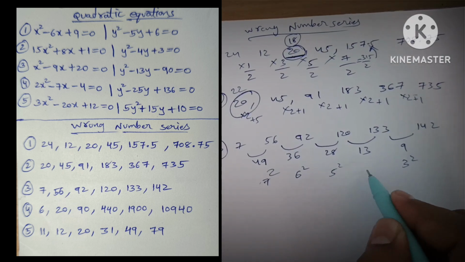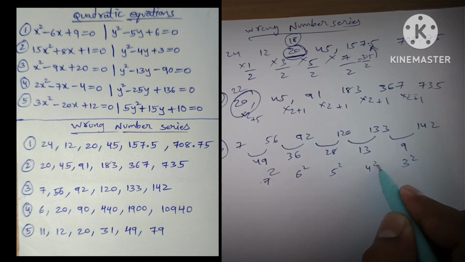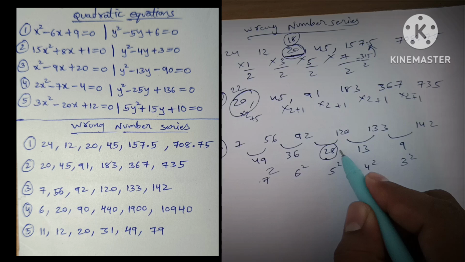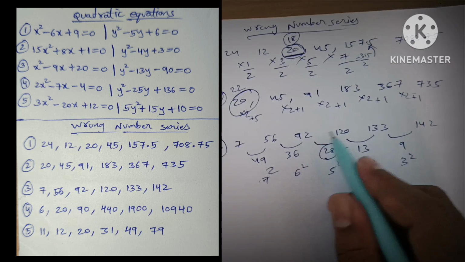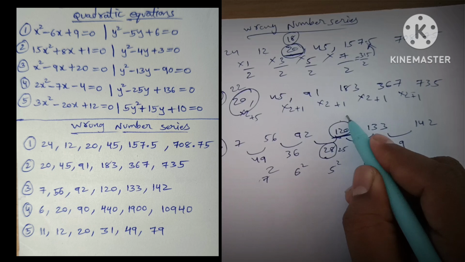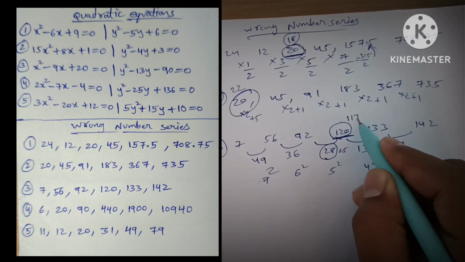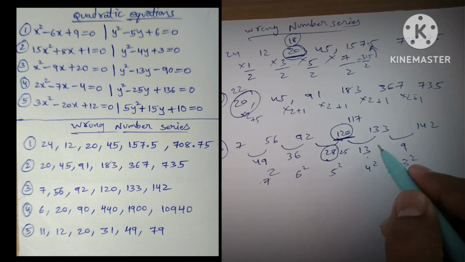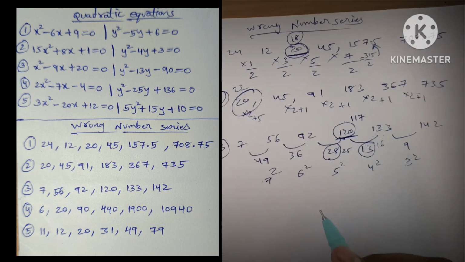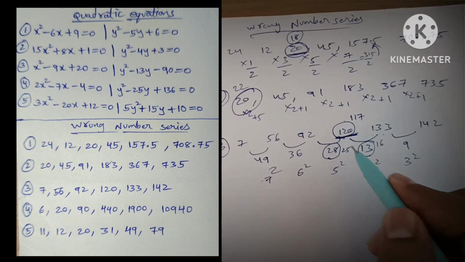This must be 5 square and this must be 4 square. So if it is not 28 and if it will be 25, then this is the wrong number and we get the right number is 117. 117 plus 16 equals to 133. Okay. So wrong number is 120.